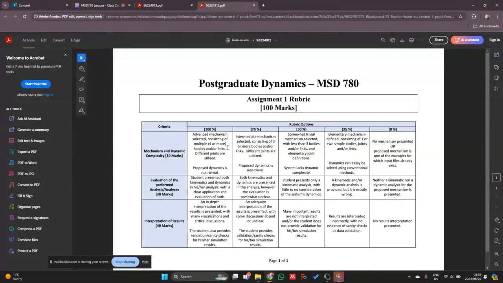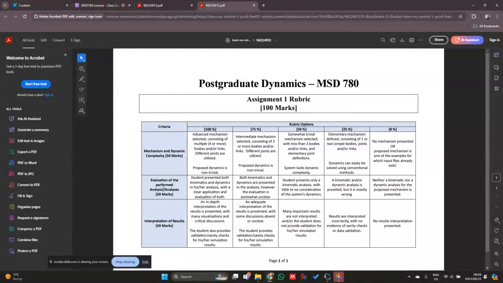This excludes ground, and also utilizing different joints. Up to now, we've only looked at the revolute joint. Today, we're going to look at some translation and combined joints as well. We ideally want to see some different joints being utilized for this case as well. And then, of course, the proposed dynamics not being trivial. So are you perhaps applying both forward and inverse dynamics? Are there some applied forces that you want to consider as well in your system?